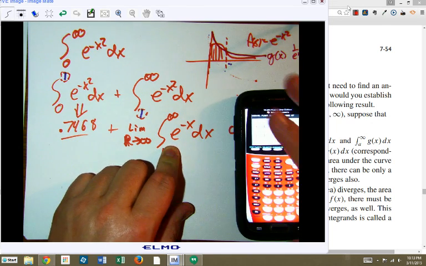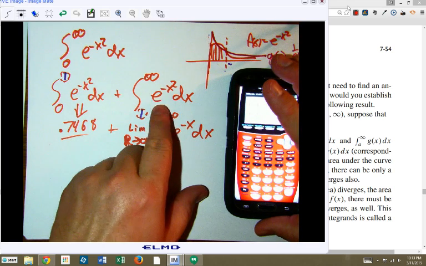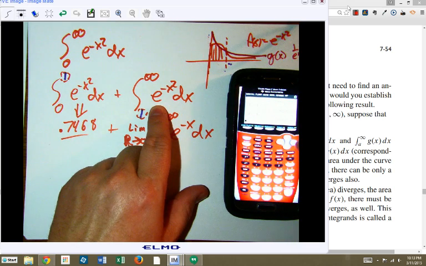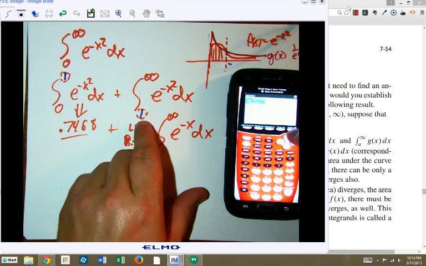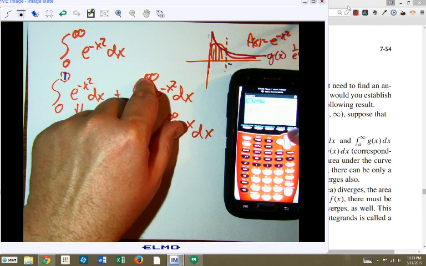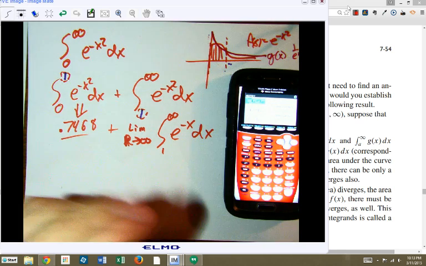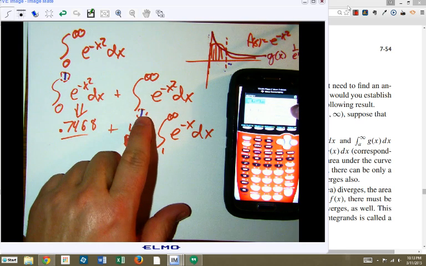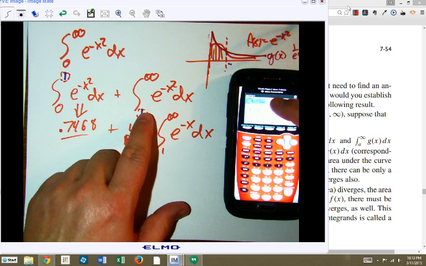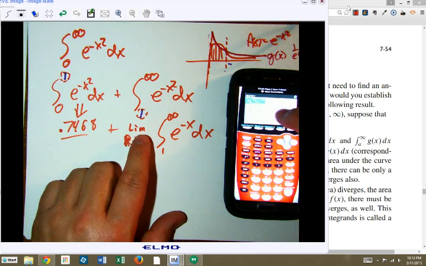Although, to at least get an estimate, I could integrate this to say some large number. Well, it doesn't actually take a very large number. I went from 1 to 100, I'm sorry, I went from 0 to 100, and I came up with 0.8862269. Then I thought, maybe I can get an estimate by using a smaller value.